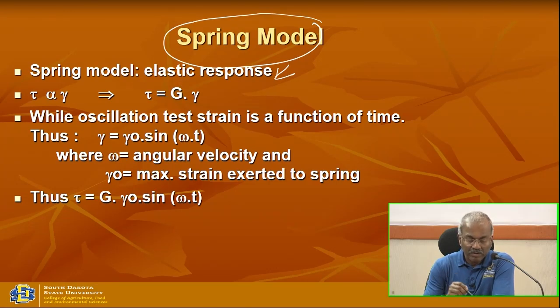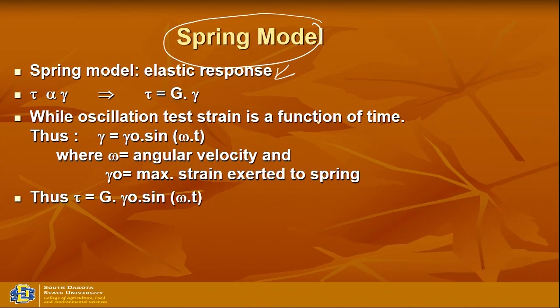In an oscillating test, strain is a function of time. So you get the initial strain as sine of omega t, where omega is the angular velocity. When you rotate your sample with a probe, you are basically applying angular velocity, and gamma-zero is the maximum strain exerted on the spring.